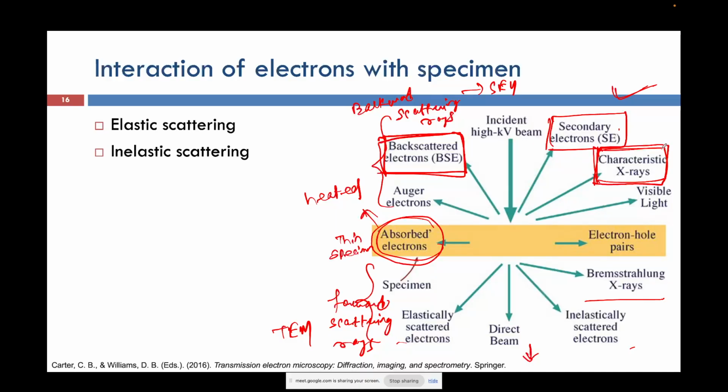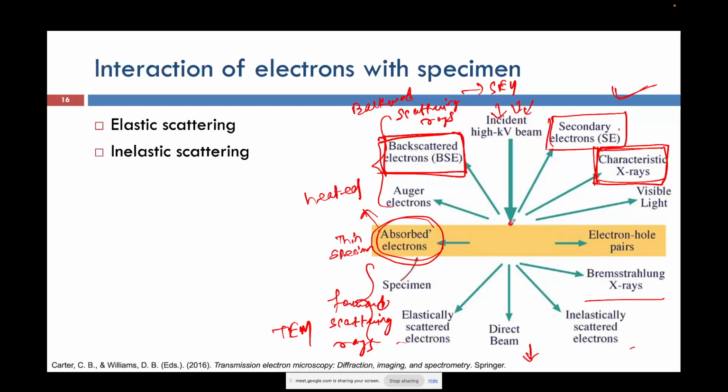Okay, and there are two kinds of scattering that happen. This is the incident electron beam, which comes and hits the sample. When the incident high energetic electron beam hits the sample, elastic scattering happens. Elastic scattering means my incident electron beam will not lose energy.